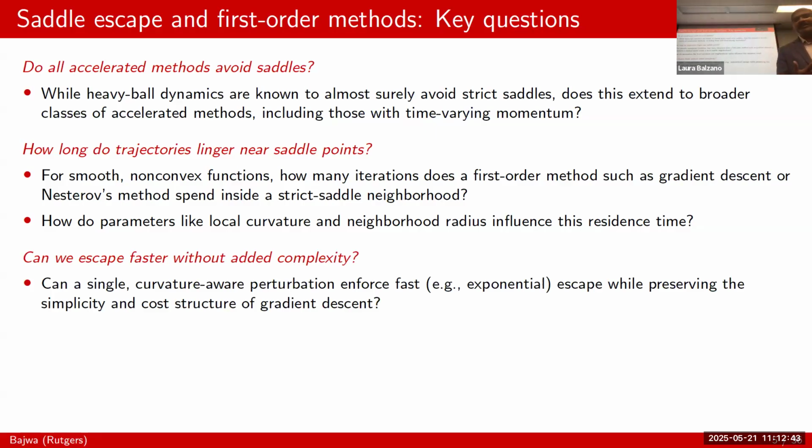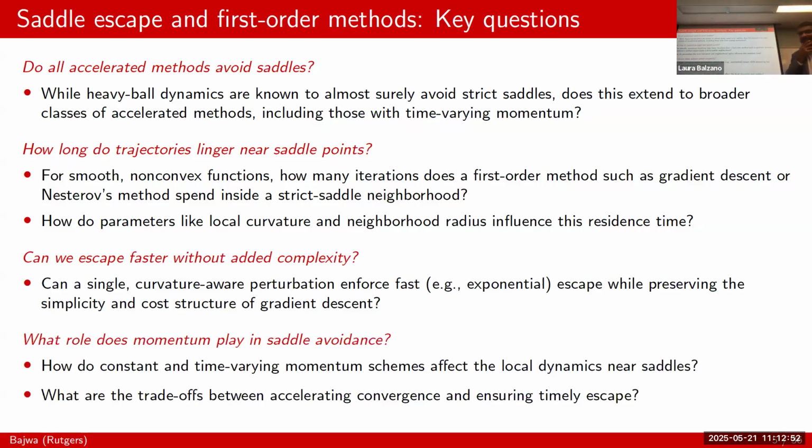People have set up methods that do, for example, use Hessian information, but we don't want to have a very complex method. And then the last question is, what is the role of momentum in accelerated methods when it comes to the trade-off between escaping saddle points and converging? So these are the questions we want to address.